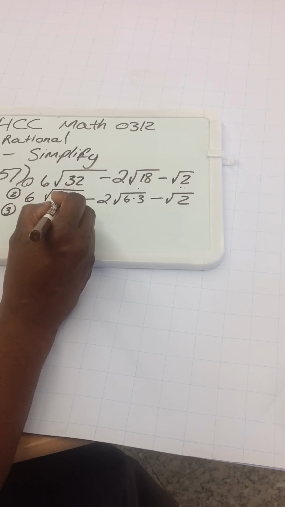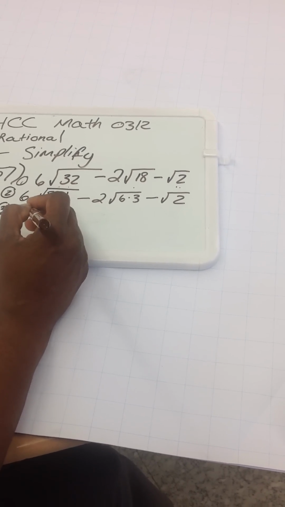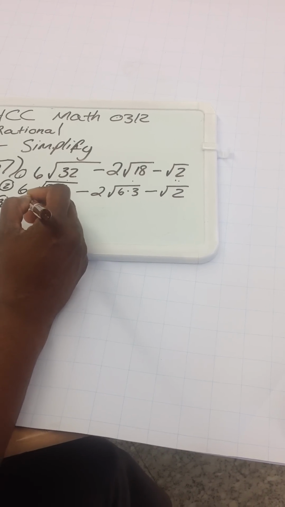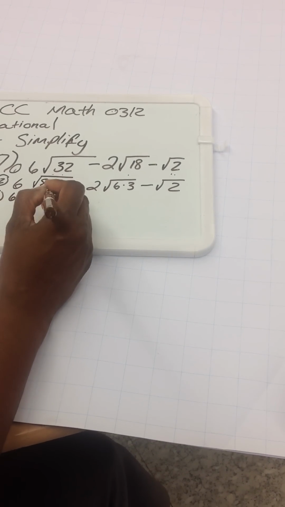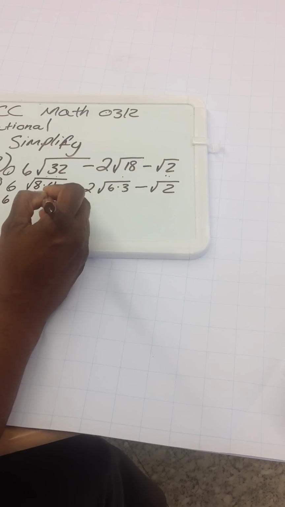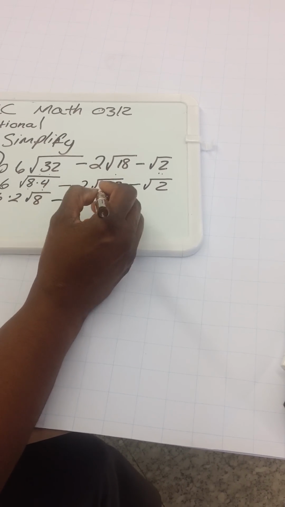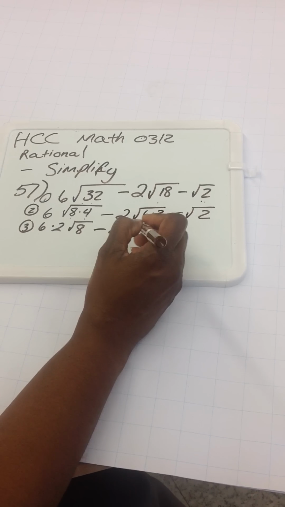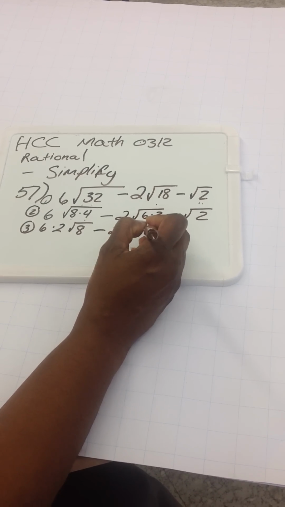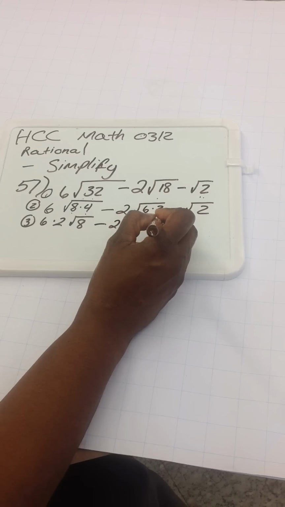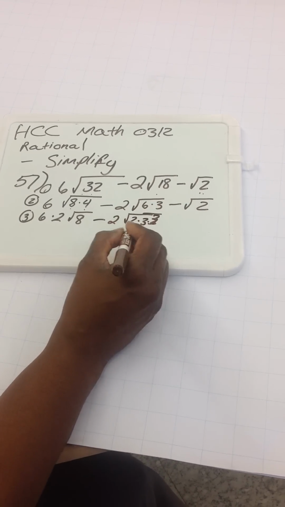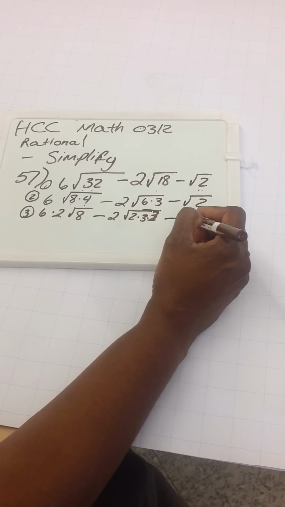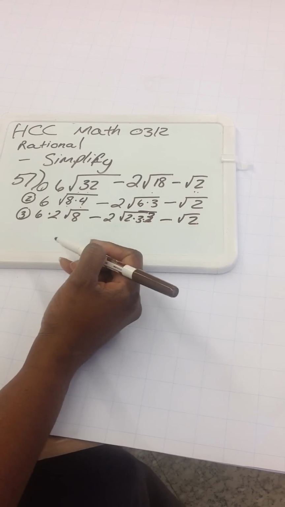So 6, we take the square root of 4, that's 2 times 2, which means you bring out a 2, and it cancels out with the radical symbol. You're only left with 8. Minus, you break down 6, you're going to have 2 times the square root of 2 times 3 times 3. It still gives you 18 on the inside, minus the square root of 2.